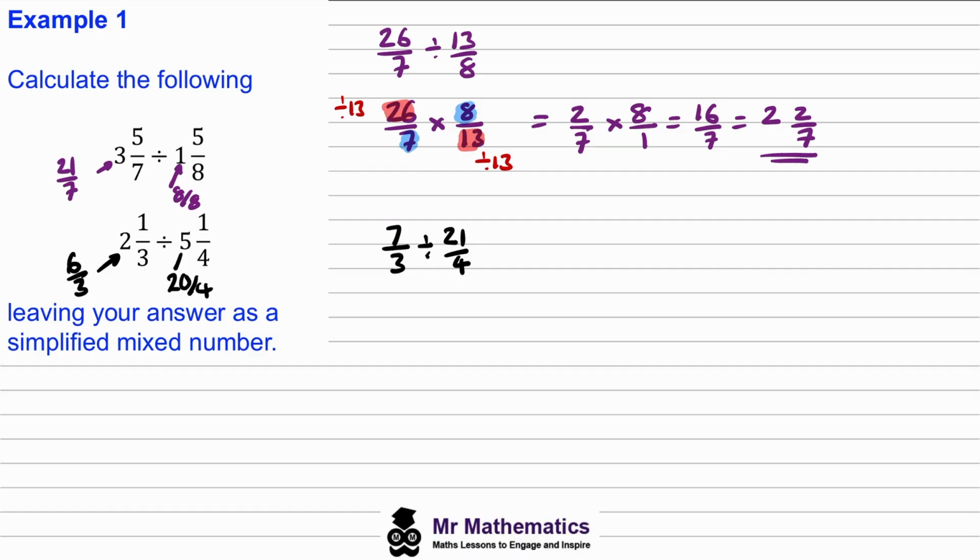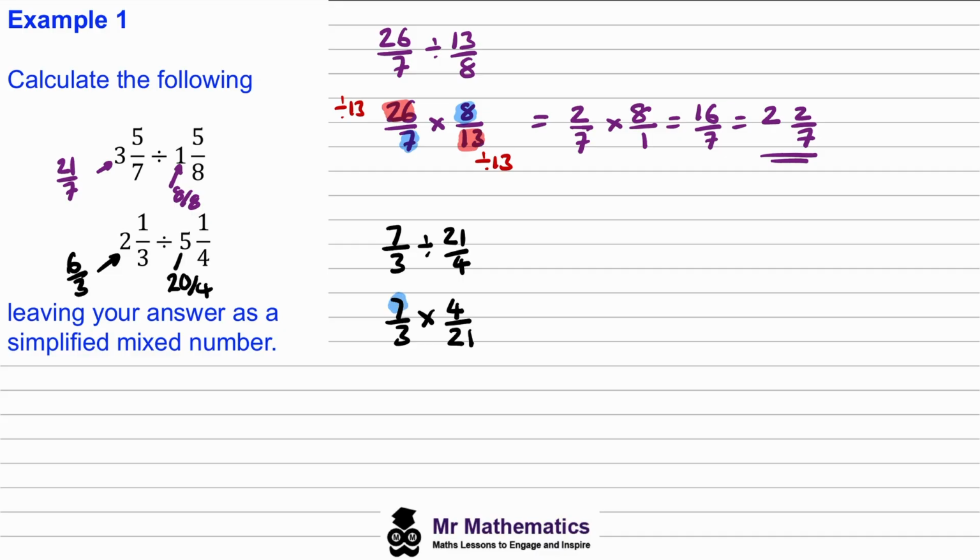And now we change this divide to a times. So we'll have 7/3 multiplied by, and can you remember what it's called when we flip this fraction upside down? This is the reciprocal or reciprocating that fraction. So you've got 4/21. And now we need to cross-simplify.